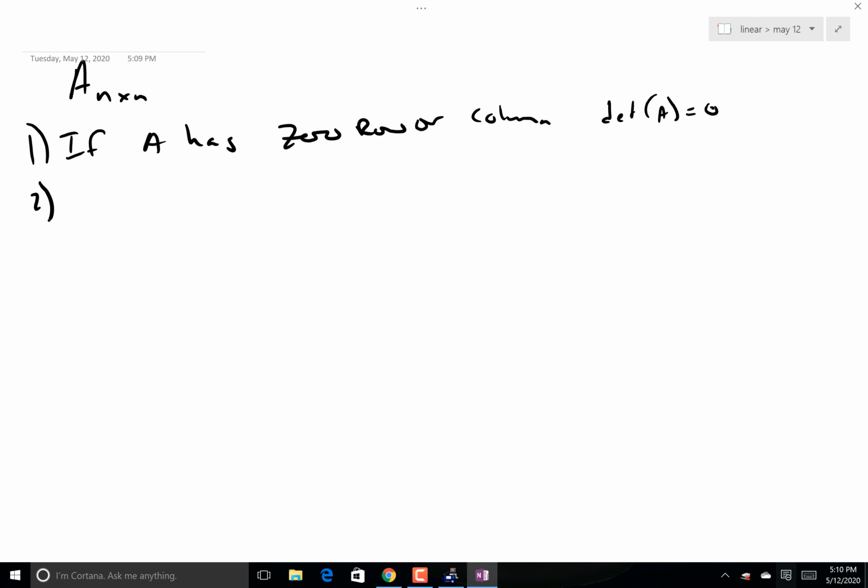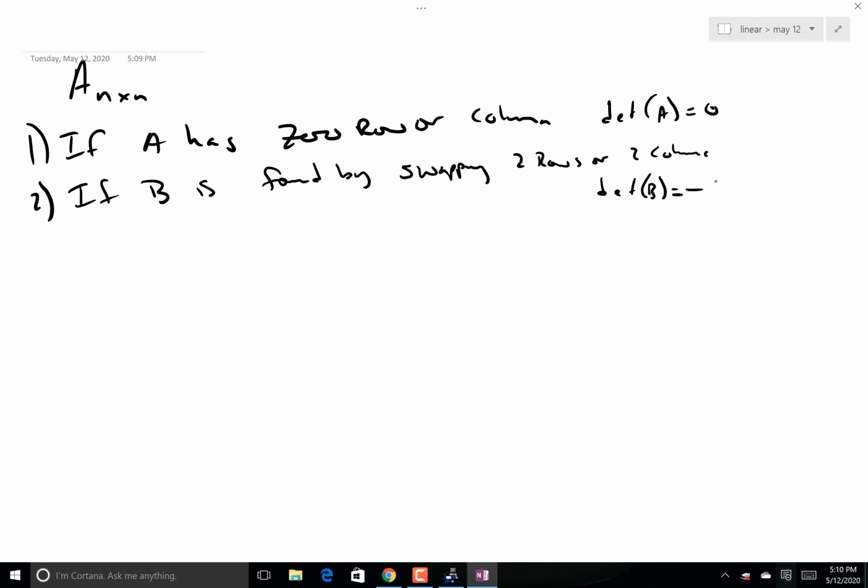If B is obtained by interchanging two rows or columns of A, then the determinant of B is equal to the negative determinant of A. So if B is found by swapping two rows or two columns, doesn't matter which, then the determinant of B is equal to the negative determinant of A.